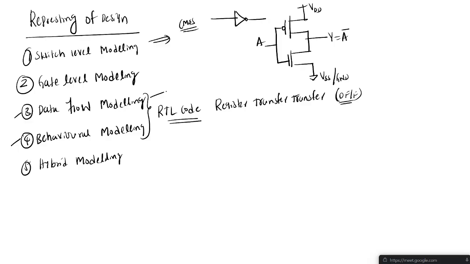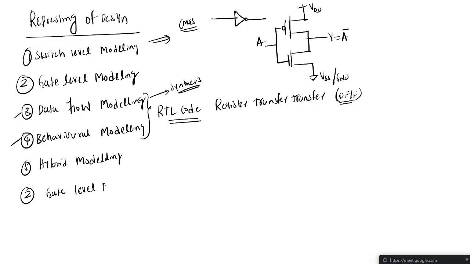So this can be synthesizable, which means by using data flow or behavioral modeling, we can convert our code into a gate netlist, the design hardware. If you see gate level modeling, you are using gate level primitives.